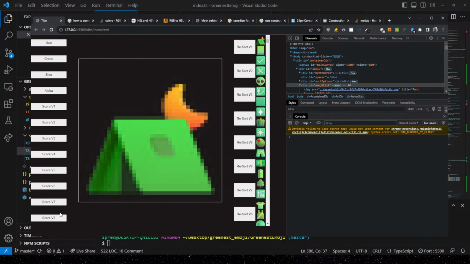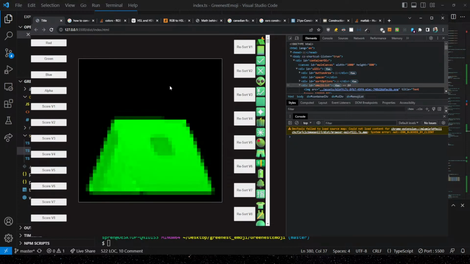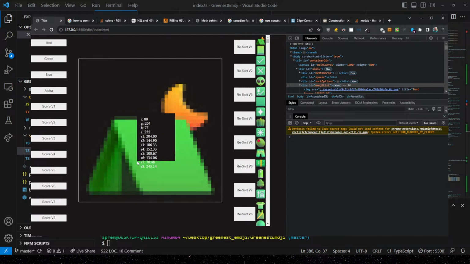Very good. Okay, much better. So this is all highly green. Even this brown stuff, which is clearly not green to me, is considered green. Yeah, alright. I don't know about that, but okay.